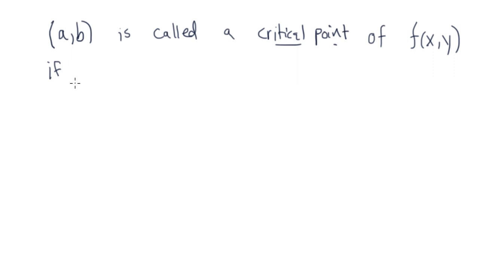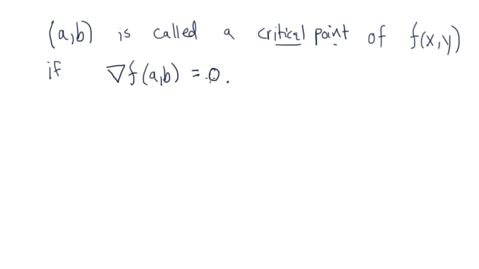Our notion of derivative now is the gradient. So (a, b) is a critical point if the gradient of f evaluated at (a, b) is equal to 0.